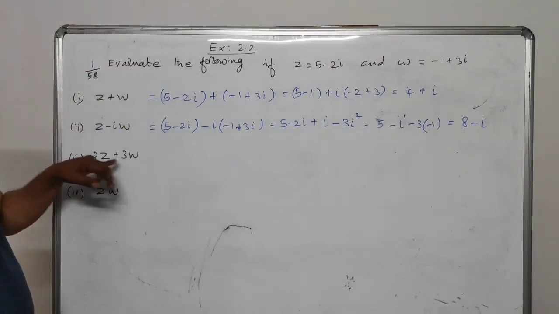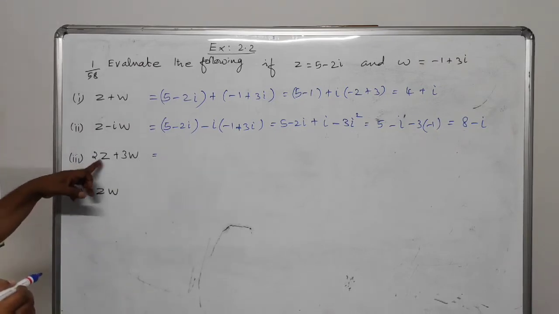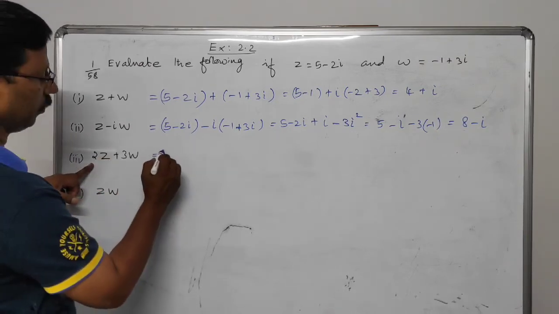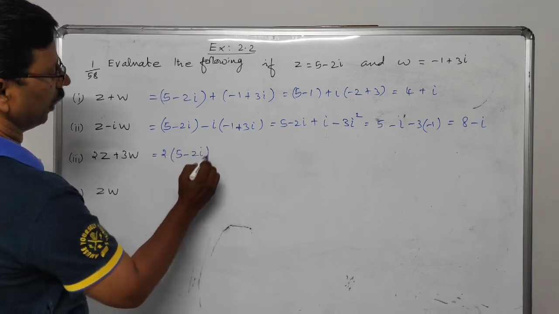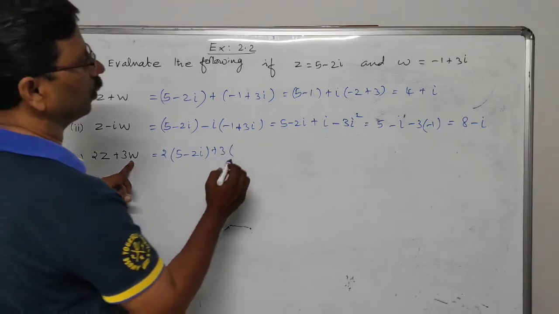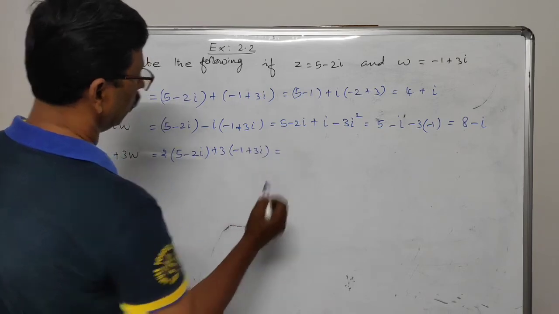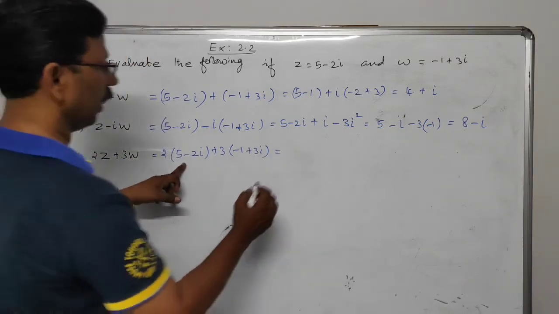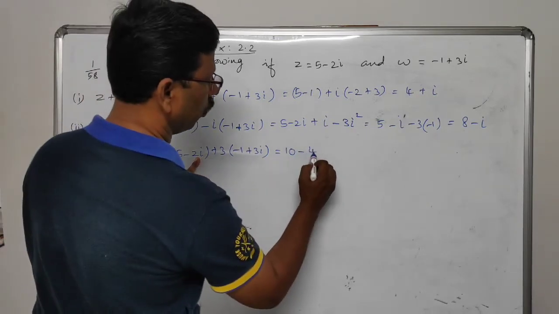Now after that, 2z plus 3w. Here we have scalar multiplication of a complex number by 2 and 3. That is 2 times the z value, 5 minus 2i, plus 3 times w, that is minus 1 plus 3i. Now multiply inside by 2: 2 fives are 10, minus 4i.